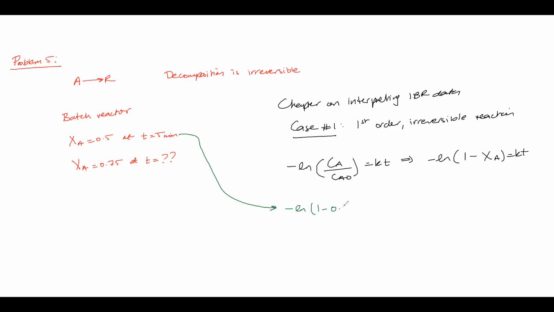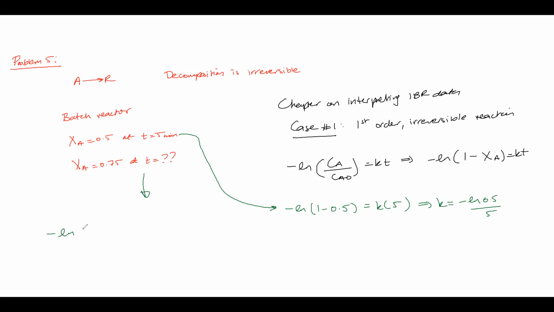Minus ln 1 minus 0.5 is equal to K into 5. And from here, you can get K to be minus ln 0.5 over 5. And then I'm going to plug this parameter into the second situation.